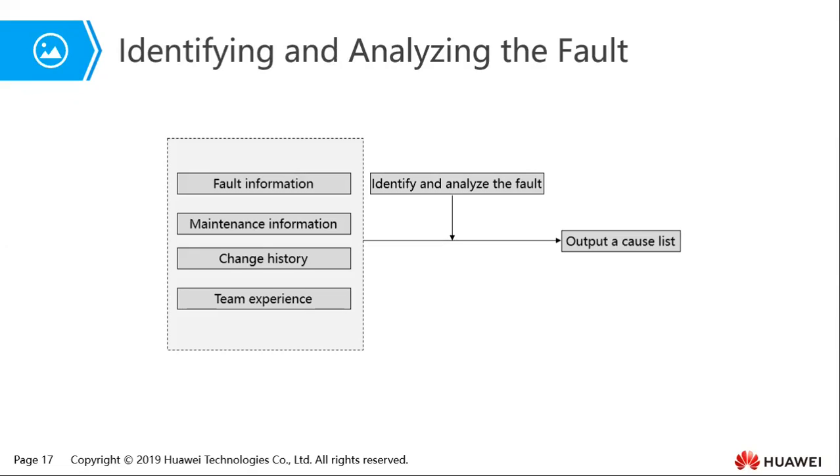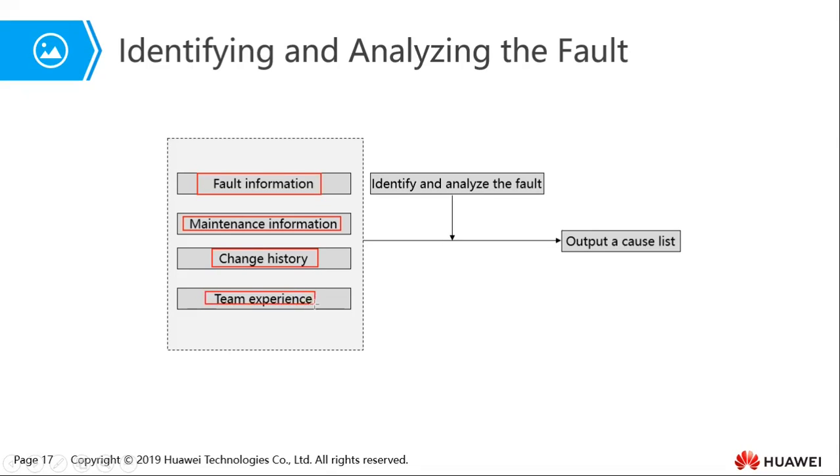Okay, so identifying and analyzing information. Here we need to, first of all, find the information about the fault, any information about previous maintenance that was done, and any changes that were made either by the user or the team.